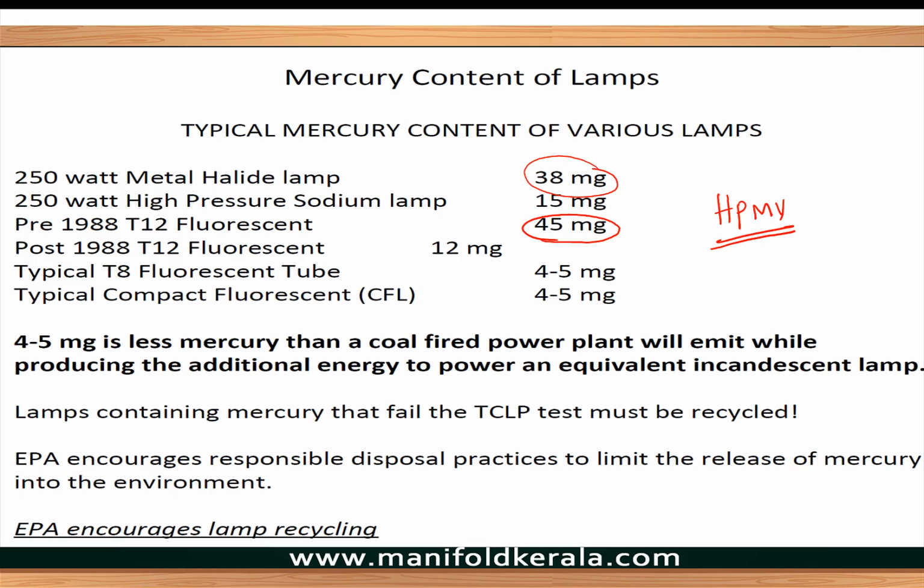Understand? So nowadays all conventional lamps are being replaced with LED lamps, because LED lamps do not have any toxic discharges, toxic waste. They don't have any hazardous material. So the ideal choice is LED nowadays. Understand? So thank you very much.